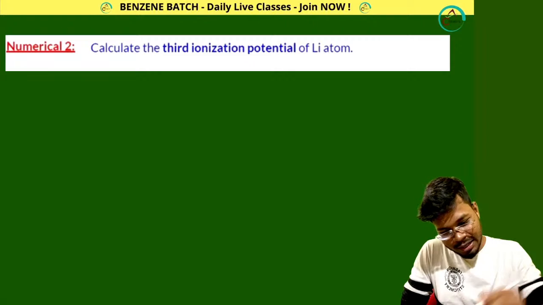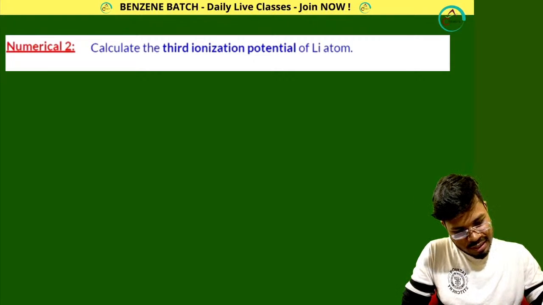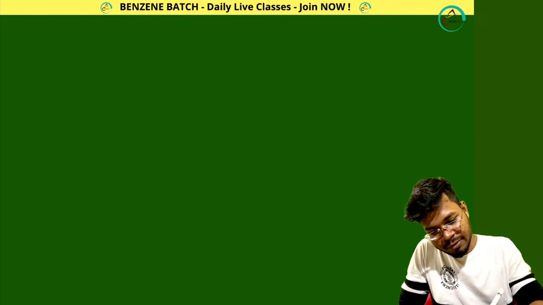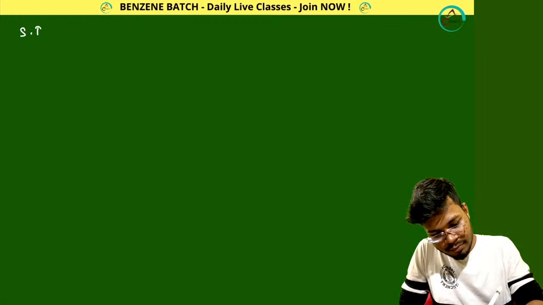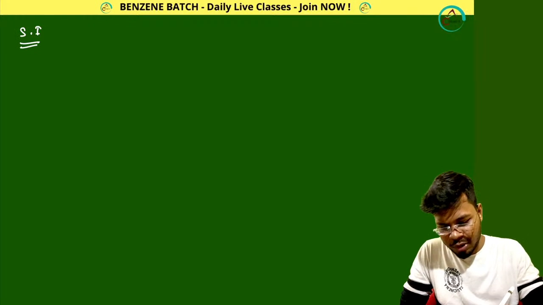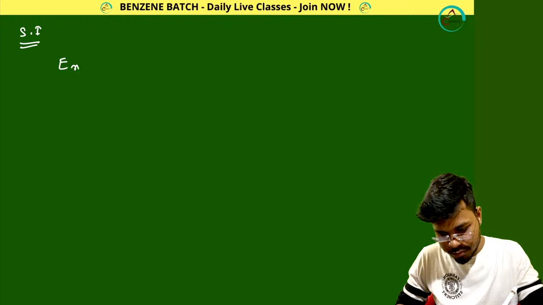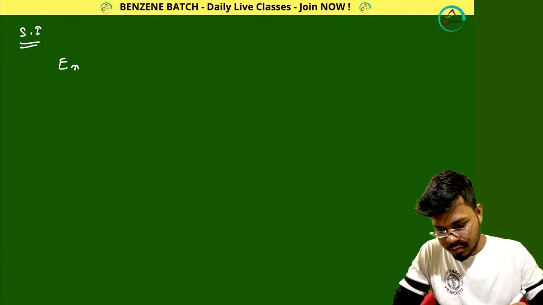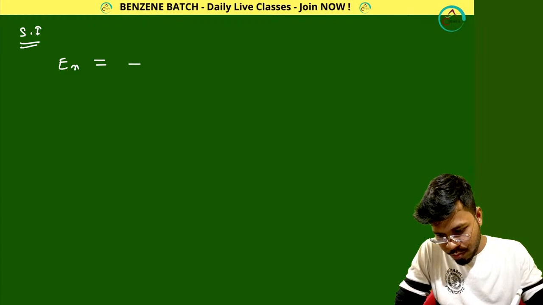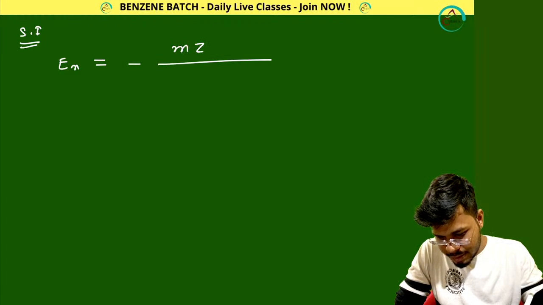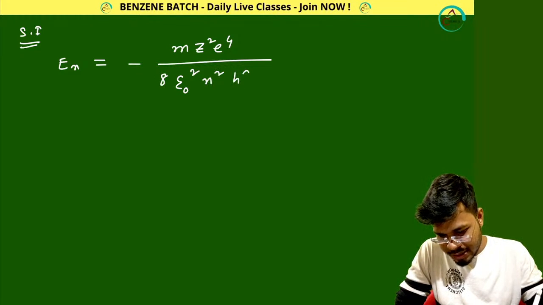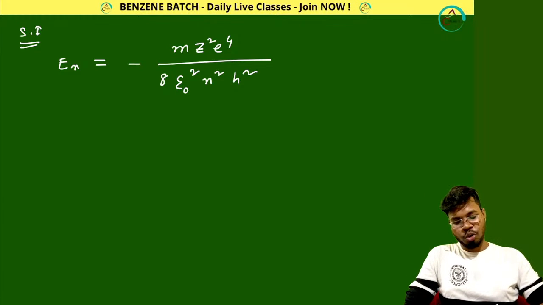Okay, again I need slides. What will happen in case of SI unit? So I am just writing the equation for SI unit, and the rest you have to do. En equals minus m Z square e to the power 4 divided by 8 epsilon 0 square n square h square. So I hope you can put all the values.